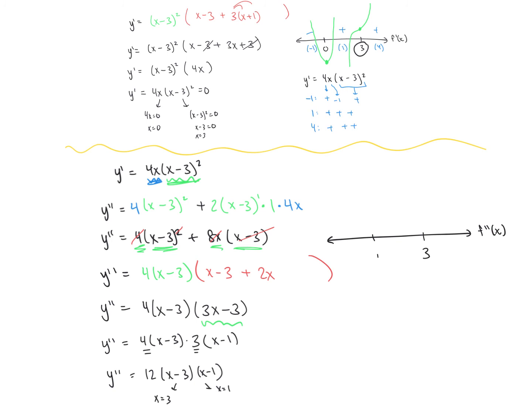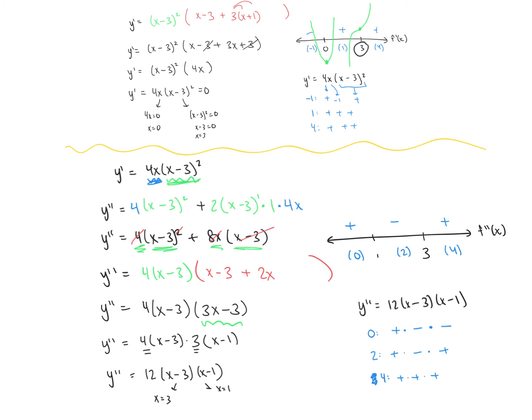So I'm making my sign diagram for the second derivative. I'm going to plug in 0, 2, and 4. When I plug in 0, I'm going to have a positive times a negative times a negative, which makes a positive. When I plug in 2, I have a positive times a positive times a negative, which is a negative. And when I plug in 4, I have a positive times a positive times a positive, which is a positive.